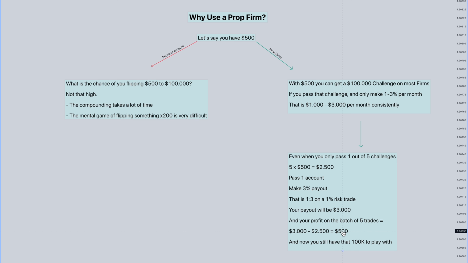And the cool part is, after that first payout you are in profit on that batch and you still have that 100k to play with for more payouts. This framework is the key to understanding how to play prop firms. So this framework on batching prop firms is something you should definitely take notes on because it will help you tremendously in scaling your own funding and your own prop firm journey.